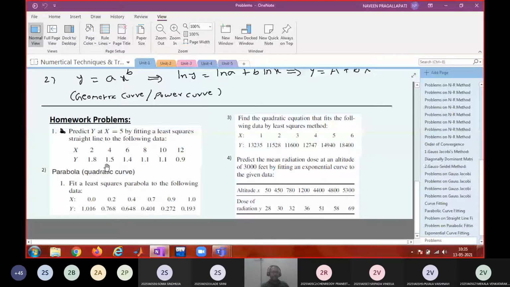Data copied? x values: 2, 4, 6, 8, 10, 12. y values: 1.8, 1.5, 1.4, 1.1, 1.1, 0.9. Shall I proceed?